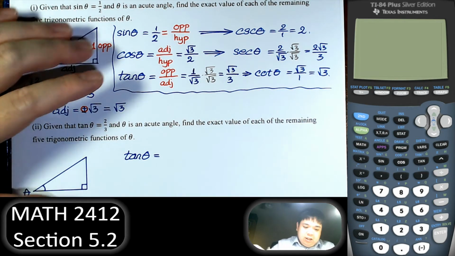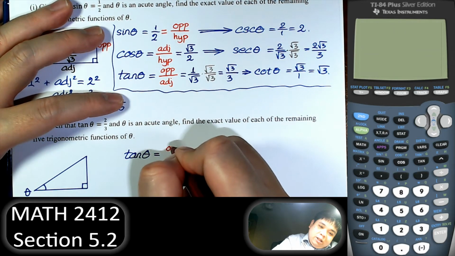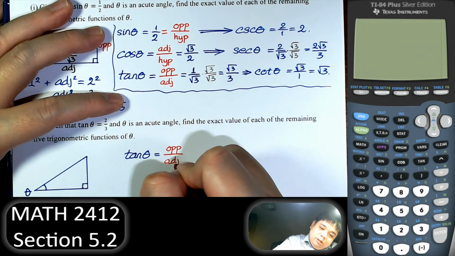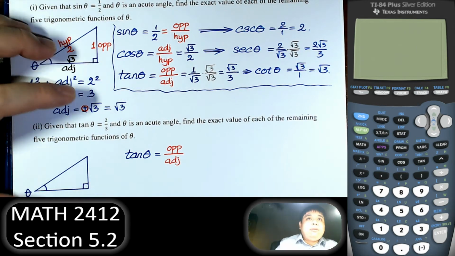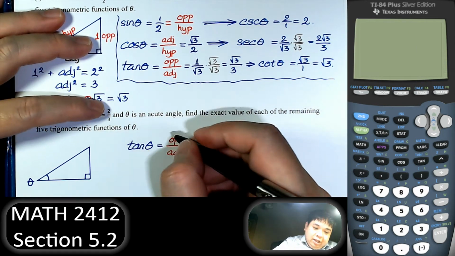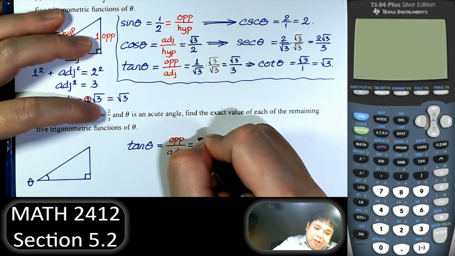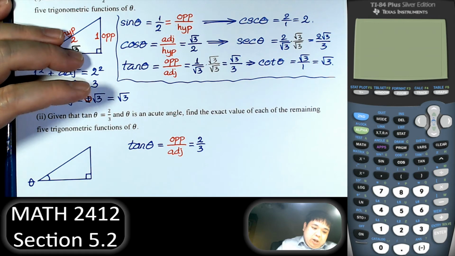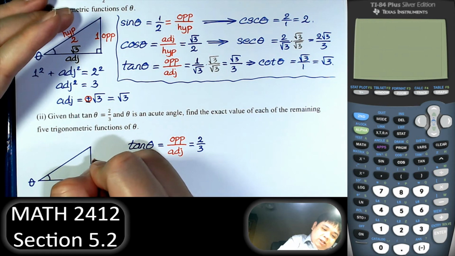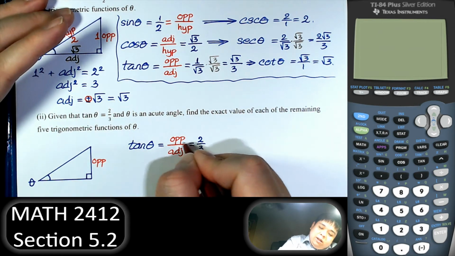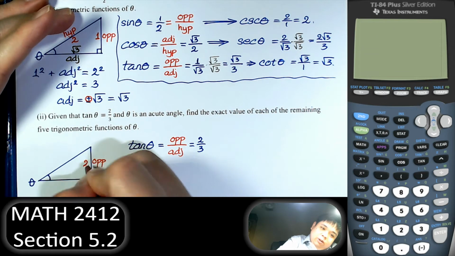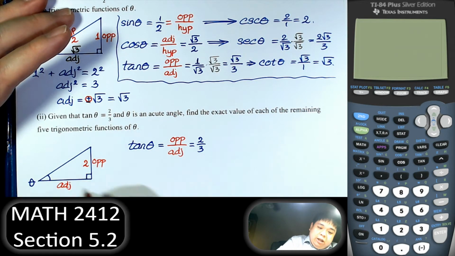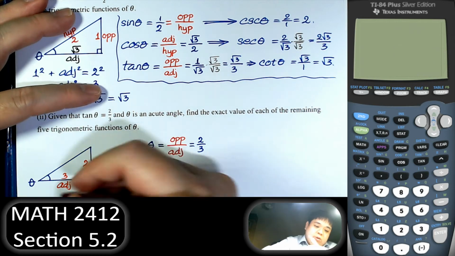Tangent is opposite over adjacent. And in this case we have 2 over 3. So in this right triangle we have opposite equal to 2 and adjacent equal to 3, and then we'll find the hypotenuse.